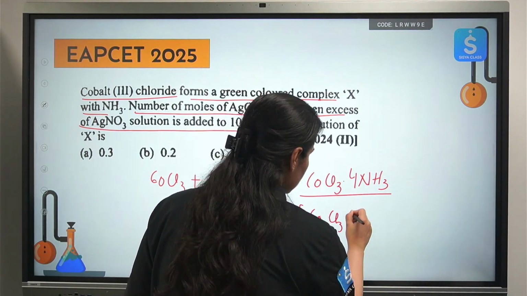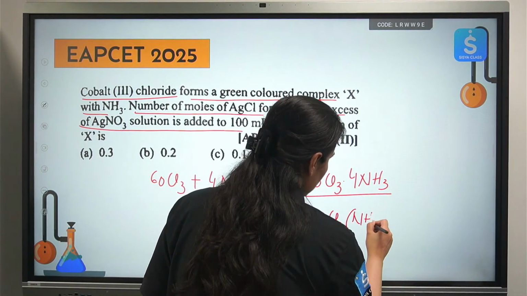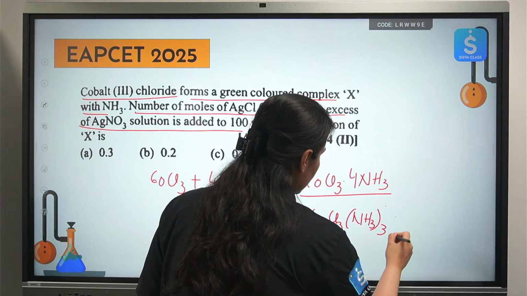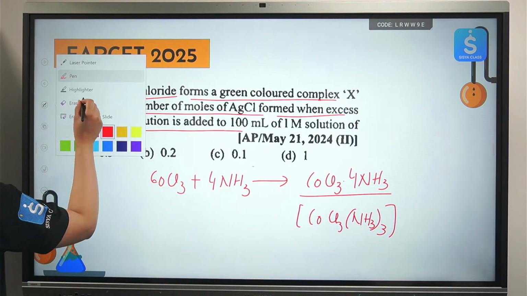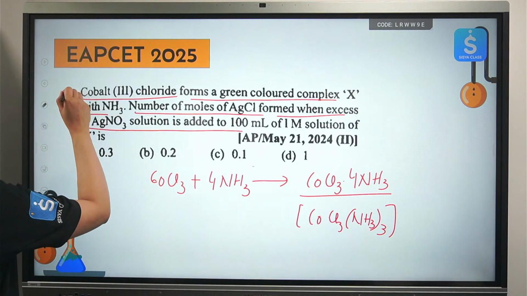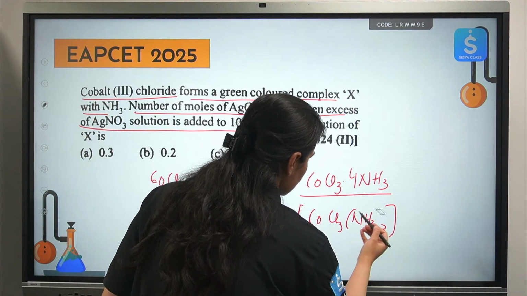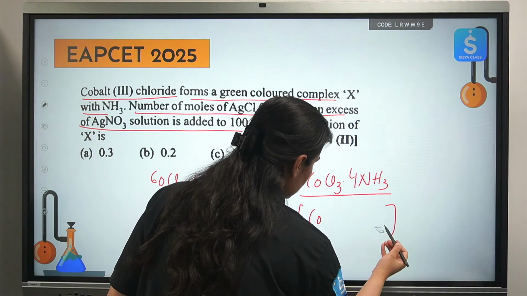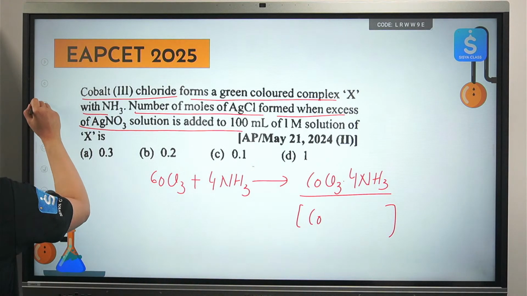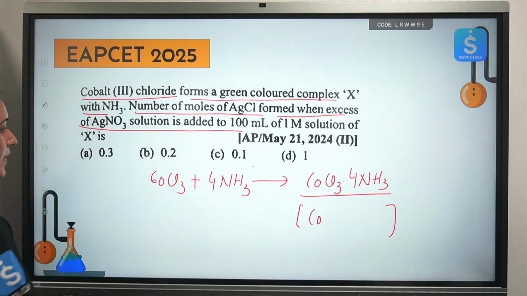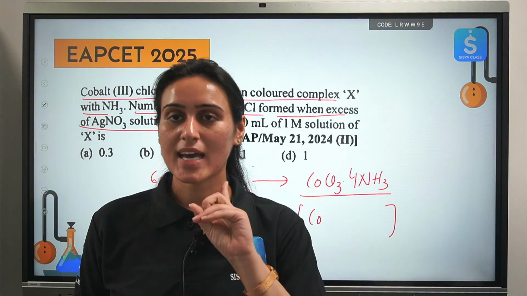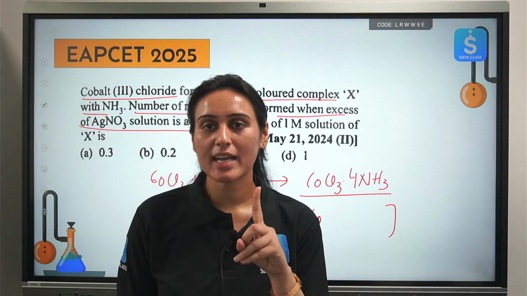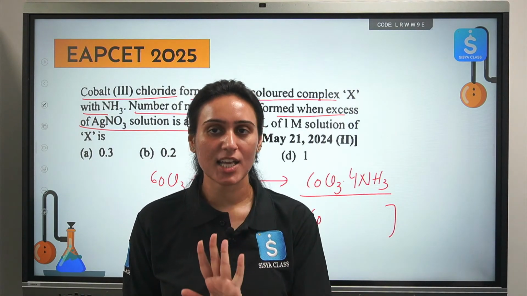CoCl3 (NH3)5, okay, sorry. So we can write it as [Co(NH3)4Cl2]Cl, and there will be one chloride ion in the ionization sphere.